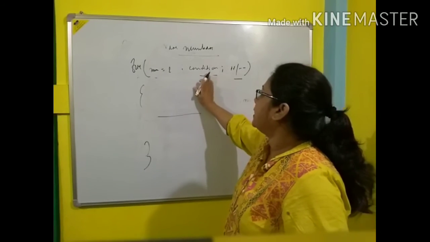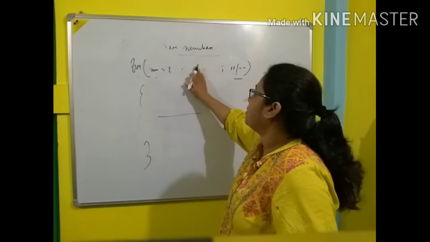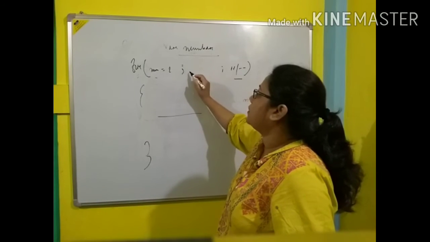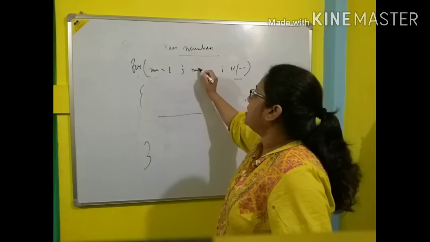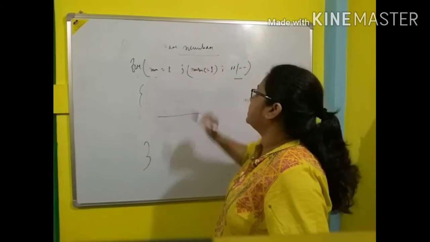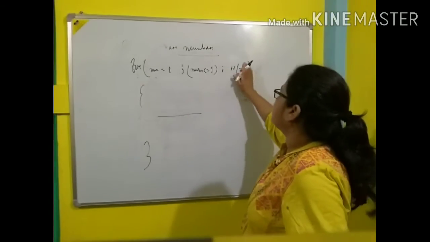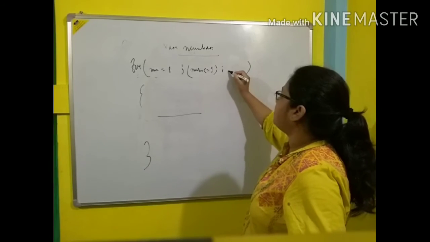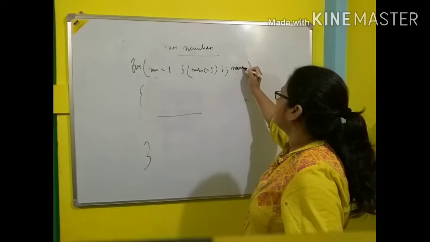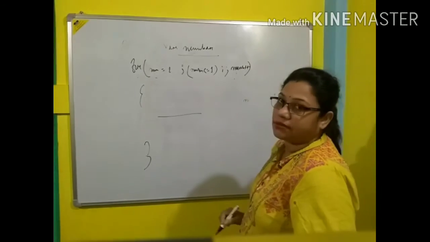After that, put the condition. How many times we want to execute the program or display the number, that is up to 10. So number less than or equal to 10. So this is the condition. Here we are going to increment the number variable by 1 after each execution, so number plus plus.